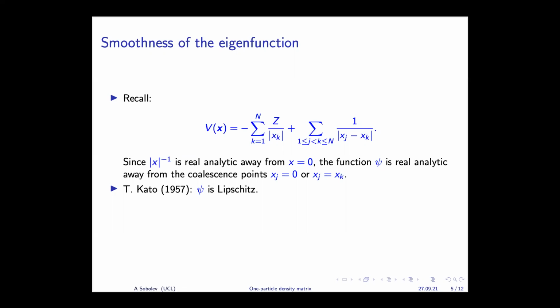Good to know that, but what happens at the singularities? At the singularities, you have Lipschitz behavior. This is what Kato proved in '57. This is a seminal work which is quoted essentially everywhere, not only by mathematicians, but also by physicists and chemists.